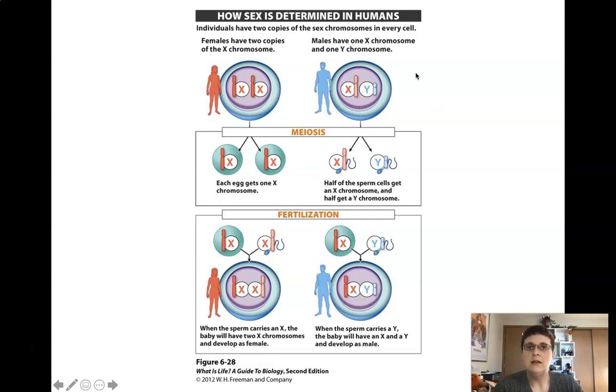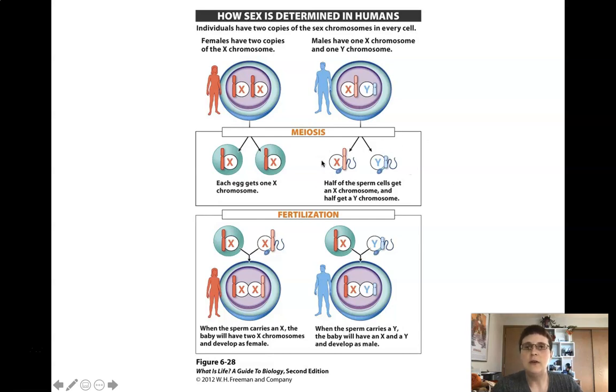The male does determine it because it's 50-50. Half the sperm are going to get an X, half the sperm are going to get the Y, because during meiosis 1, the X is going to go into one side, the Y is going to go into the other, and then these will each get divided into these two. This will get divided into these two, okay?